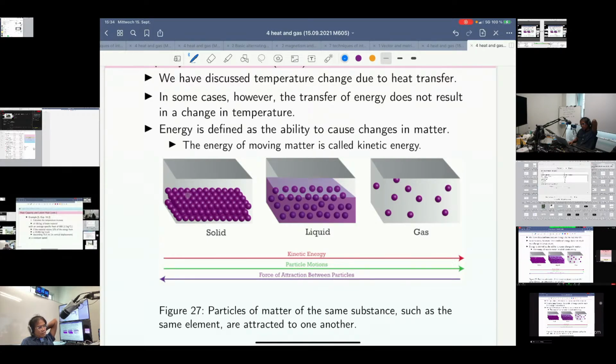Here you have more attractive force, right, because they stay close together, it is tidier, right?